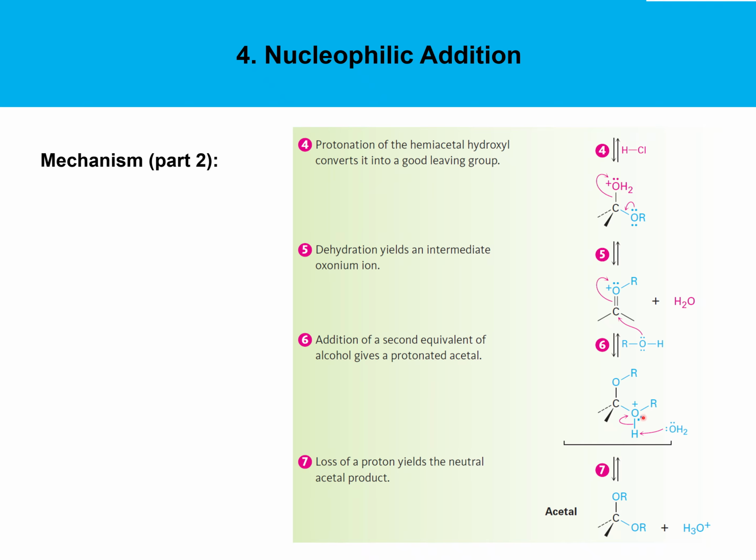That second OR group is from this alcohol that just added, and it's still protonated because we haven't gotten rid of the hydrogen. We could do that in this step. So we could use water, we could use chlorine from HCl to pick up this proton and remove the positive charge on the oxygen, giving us the acetal or the ketal product.